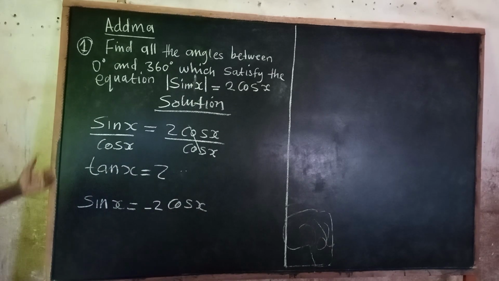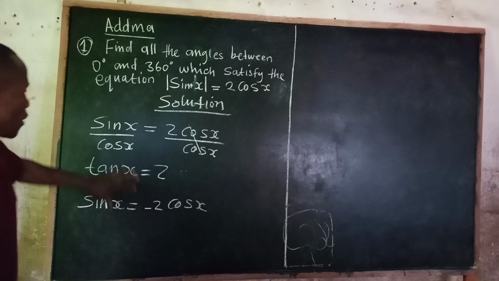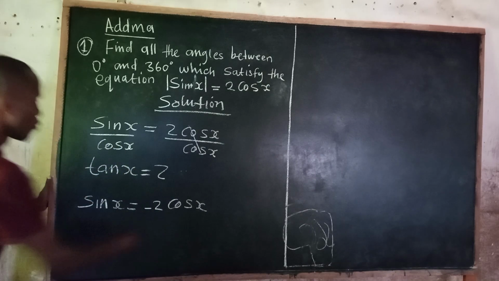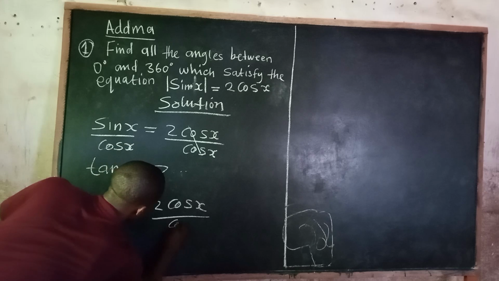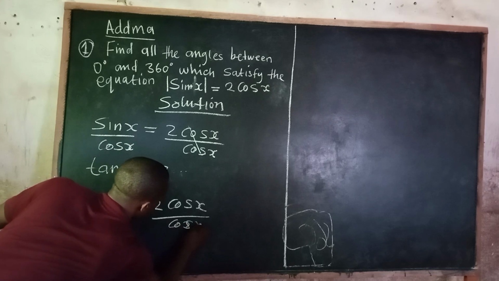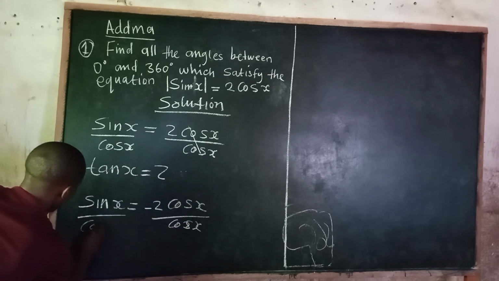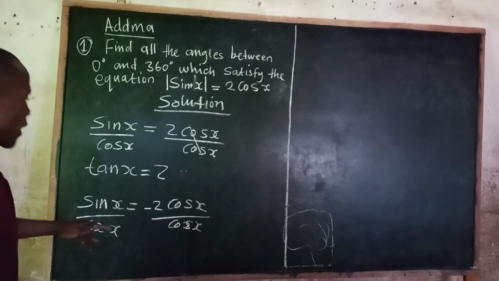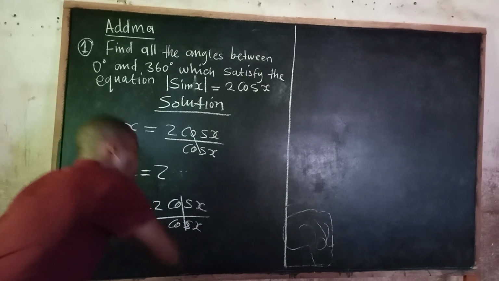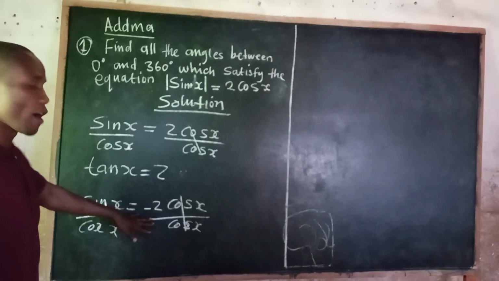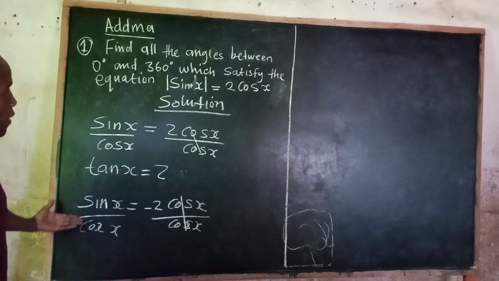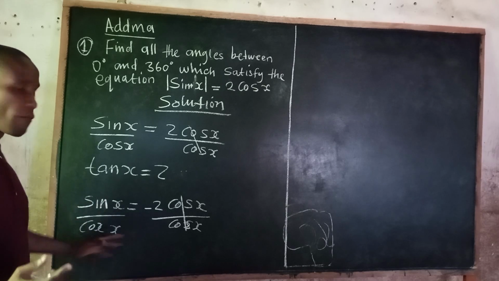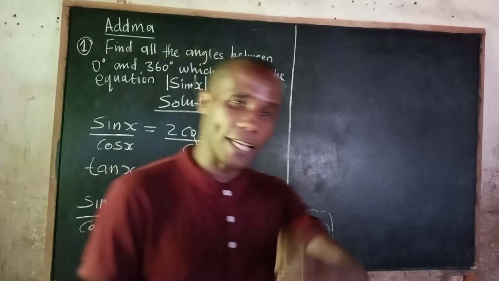Again we do the same. We divide by cos x both sides, the cos cancels, and we remain with -2. The other side is tan, as I said: sin x over cos x is the same as tan x.